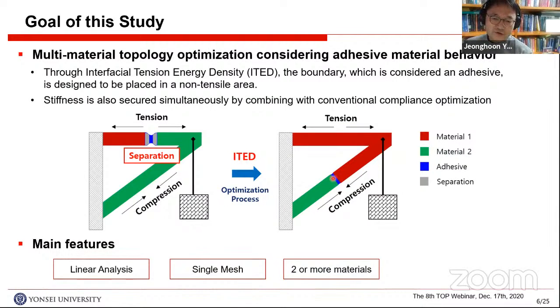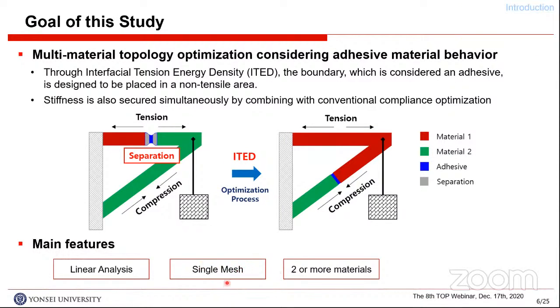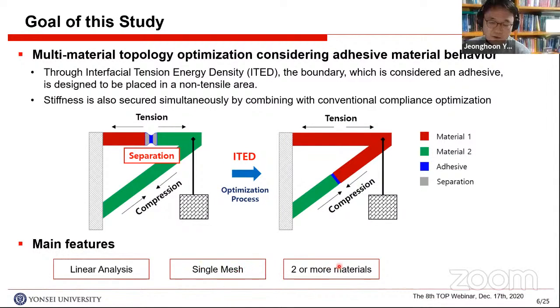In this case, the new adhesive bonding area is under compression, so we can avoid failure by separation. The main features of this study are that we can use linear analysis, we use a single mesh, and 2 or more material phases are available.